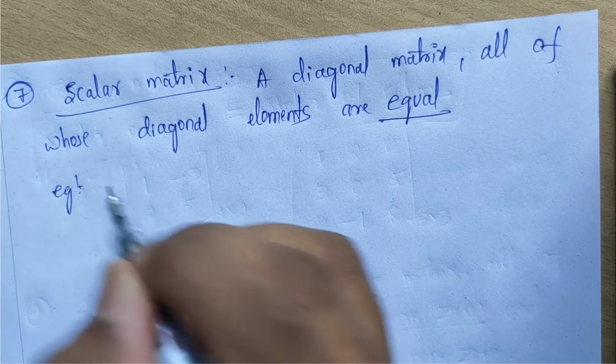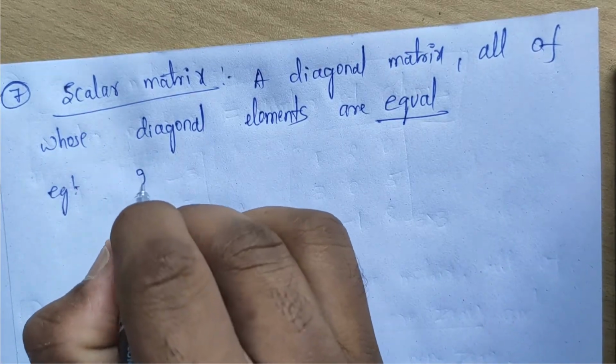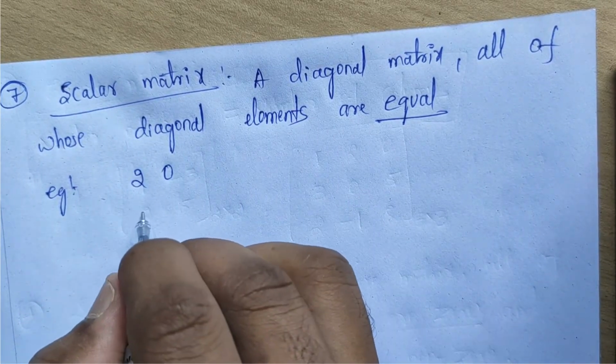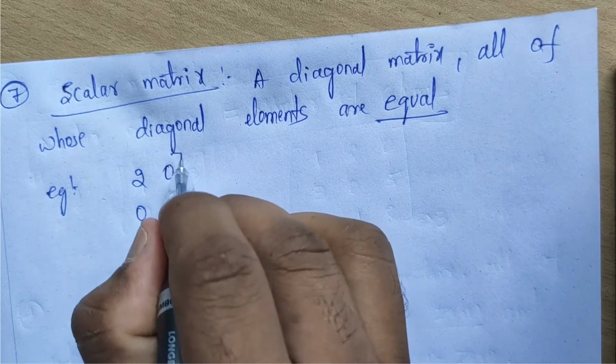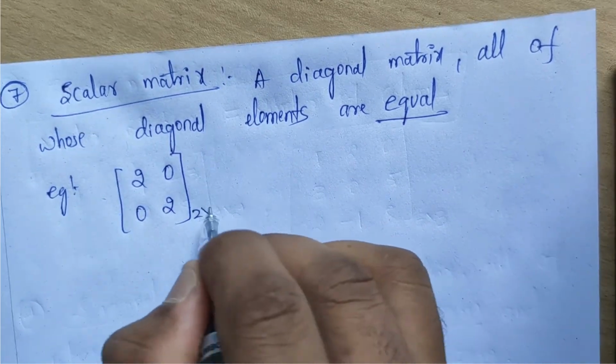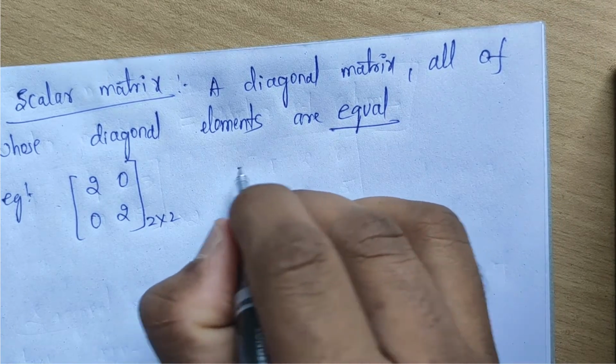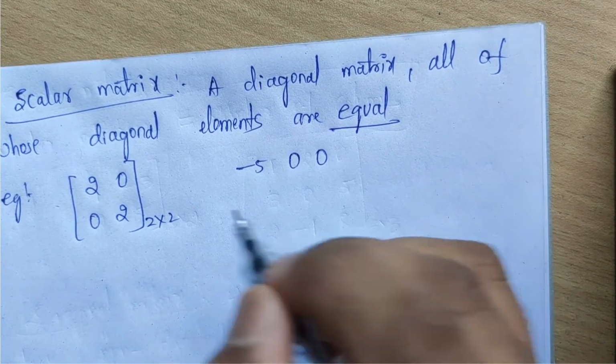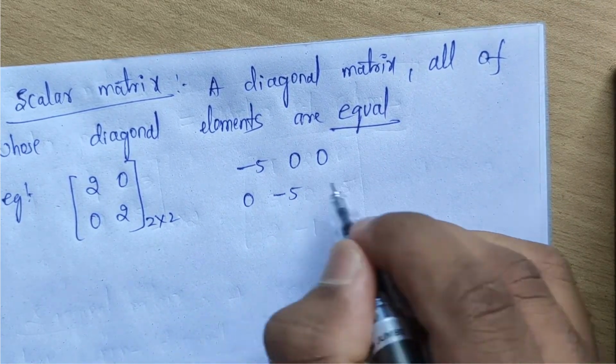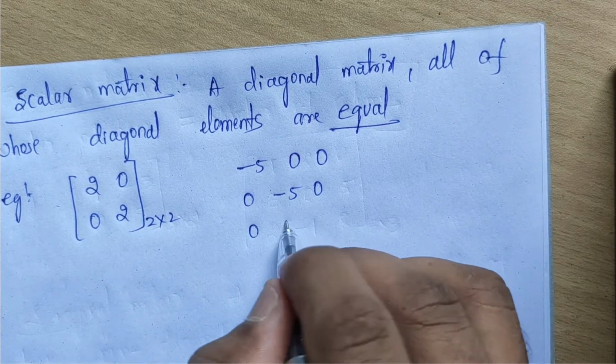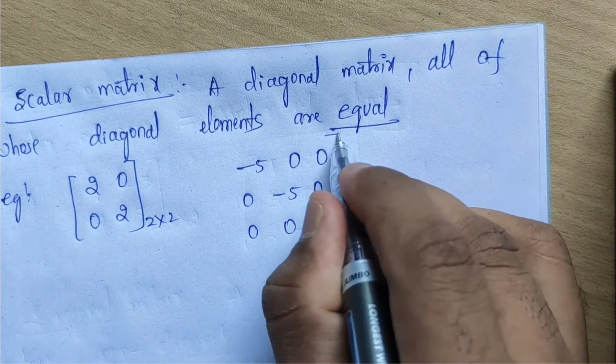Example: 2 0, 0 2, the 2 cross 2 matrix; minus 5 0 0, 0 minus 5 0, 0 0 minus 5.